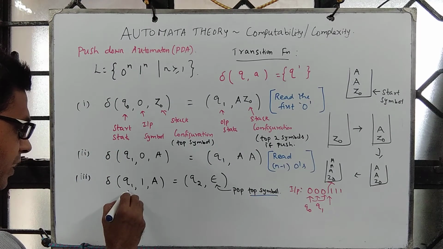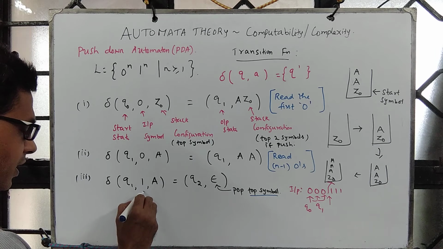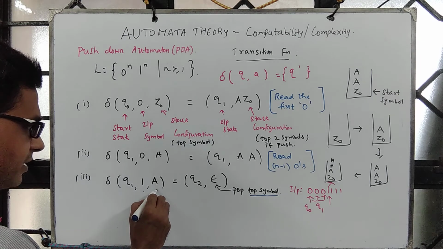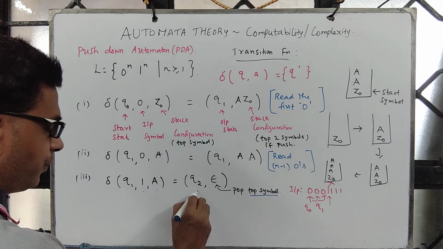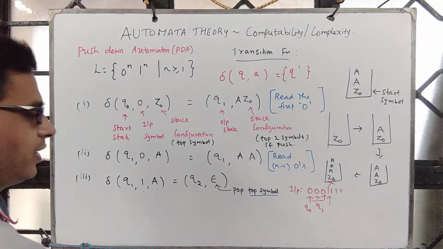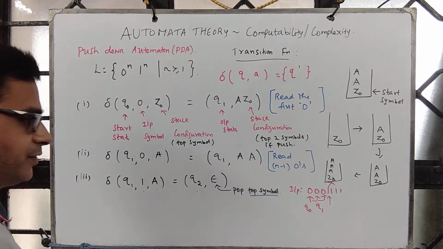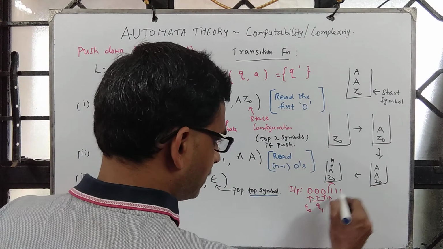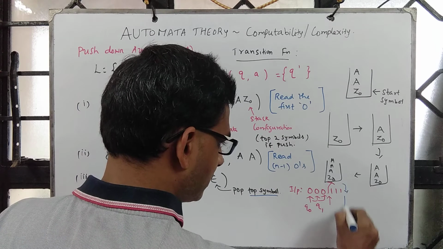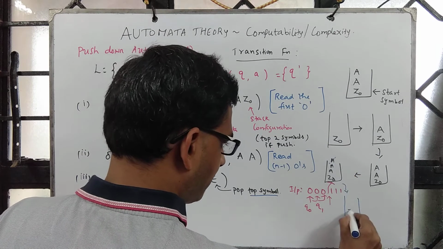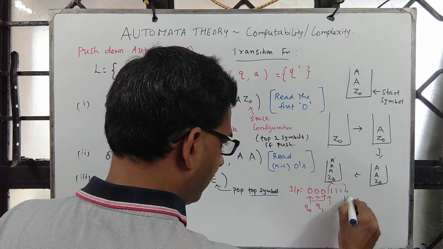So I am in Q1, input symbol is 1, top of the stack is A, then we move to Q2, then pop the top symbol. For this one, what happens? We pop this A, then it becomes Z0 A.